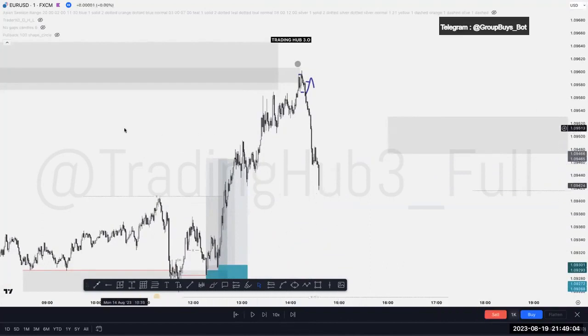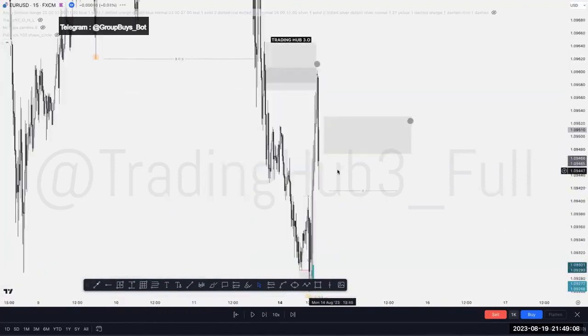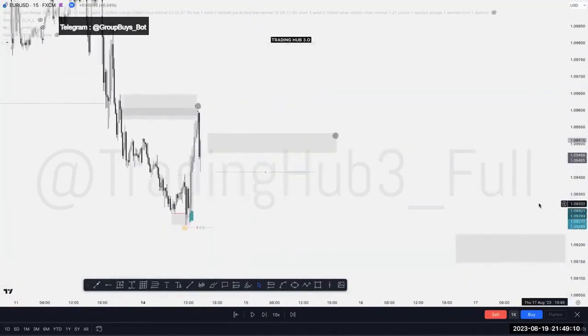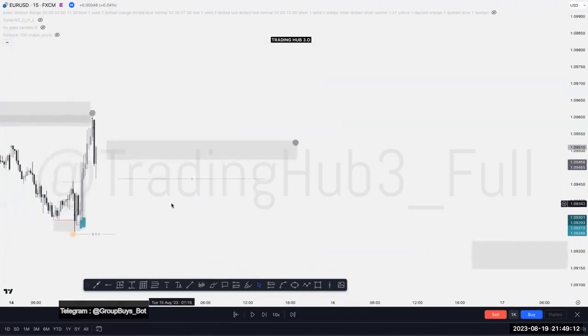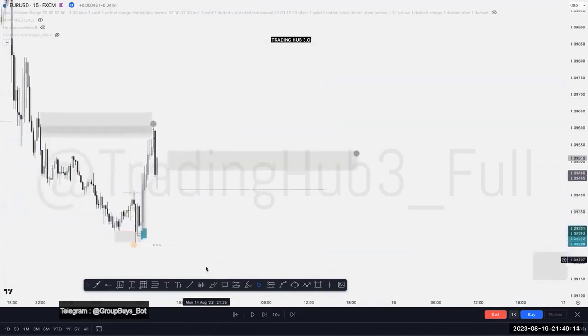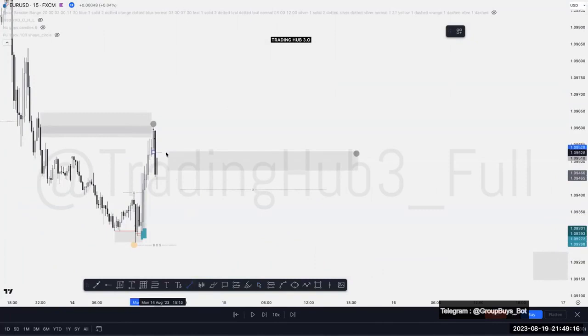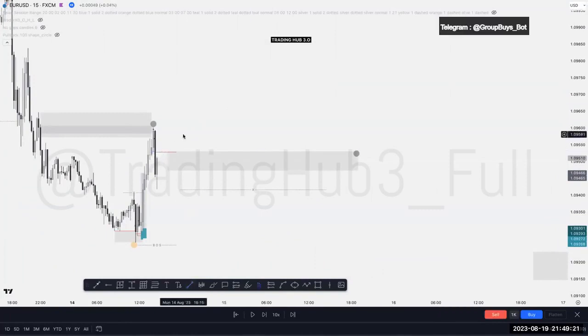Now again, switch to the 15-minute time frame to see exactly what is happening here. This is our single candle order block at this point. It means if the market comes back to this point, then you can take entry in a lower time frame, so we need a lower time frame inducement, and then we can sell here.